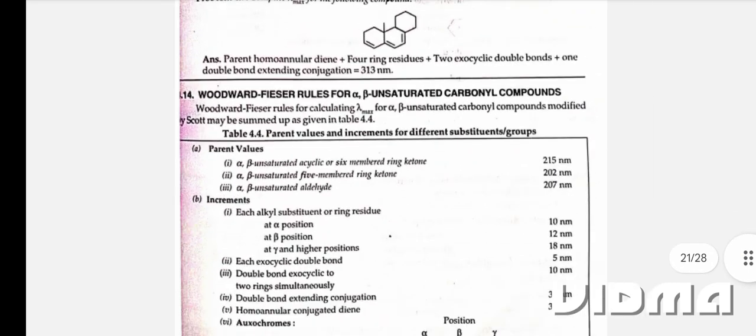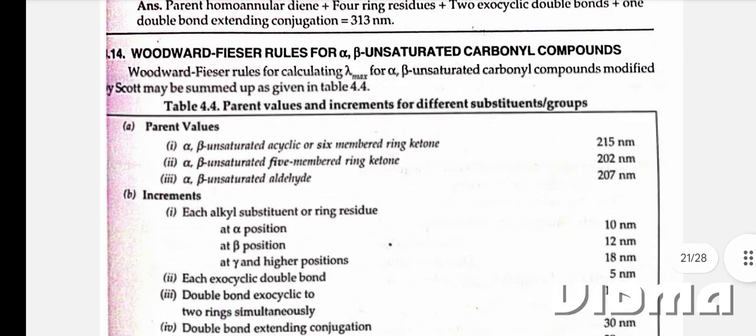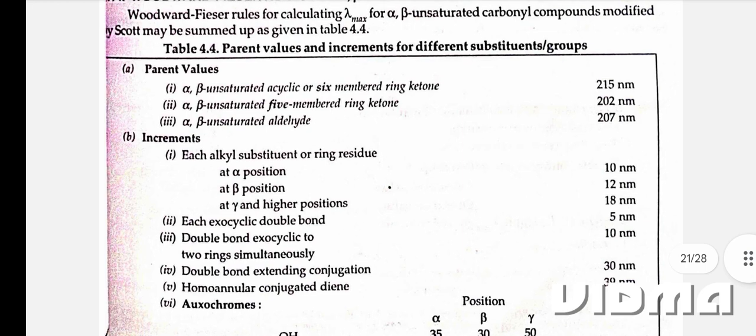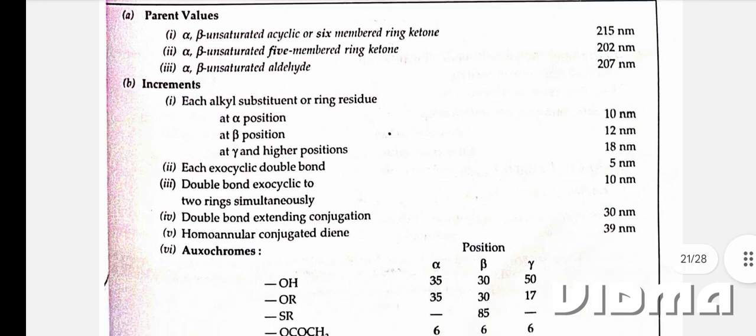Now, Woodward-Fieser rules for alpha-beta unsaturated carbonyl compounds. Woodward-Fieser rules for calculating lambda maximum for alpha-beta unsaturated carbonyl compounds, modified by Scott, may be summed up as given below. Parent values: alpha-beta unsaturated six-membered ring ketone 215 nanometer, alpha-beta unsaturated five-membered ring ketone 202 nanometer, alpha-beta unsaturated aldehyde 207 nanometer.